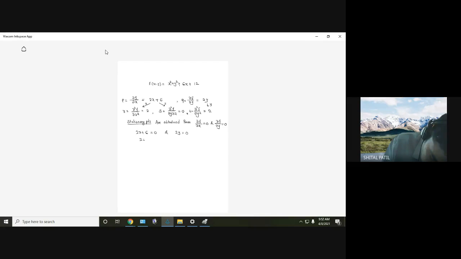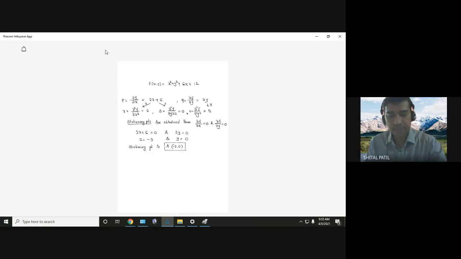So from here x is minus 3 and y is 0. So here fortunately we have only one value of x and only one value of y. Okay. So stationary point is minus 3, 0. Write value of x first and then value of y. Then write next.